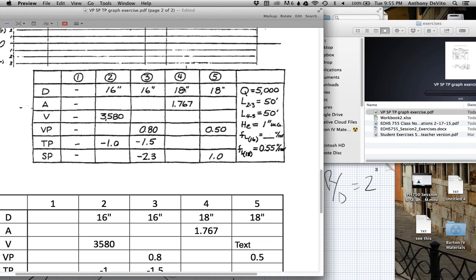The diameter is 1.5 feet, so the radius is 3/4 of a foot. We want to work in feet, not inches. The cross-sectional area of a circle is pi times the radius squared, so 3.14 times 3/4 times 3/4, and that comes out to 1.767.